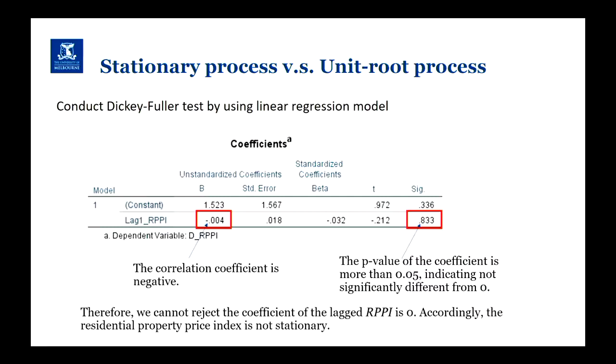So what's the implication of this result? What's next is that we cannot estimate the model based on the levels of the house price index, because it is a unit root process.